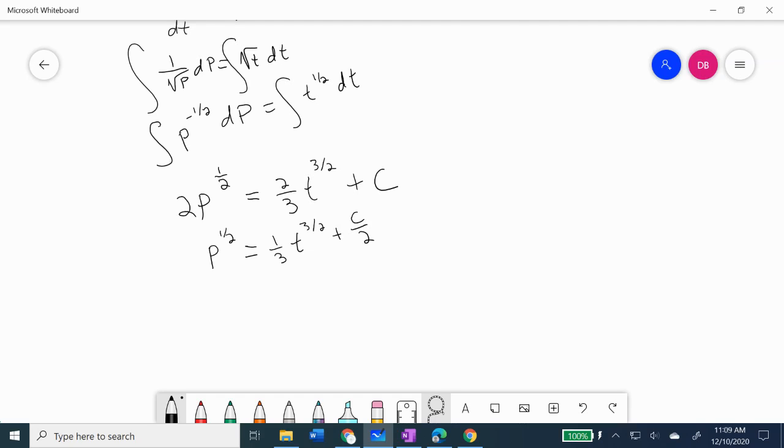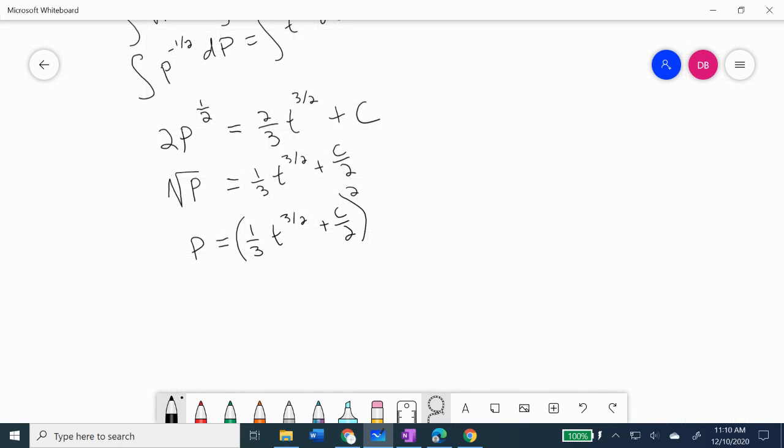Now a 1/2 exponent is the same thing as saying square root. So to finish isolating p, I'm going to square both sides of the equation. This would be a correct answer.